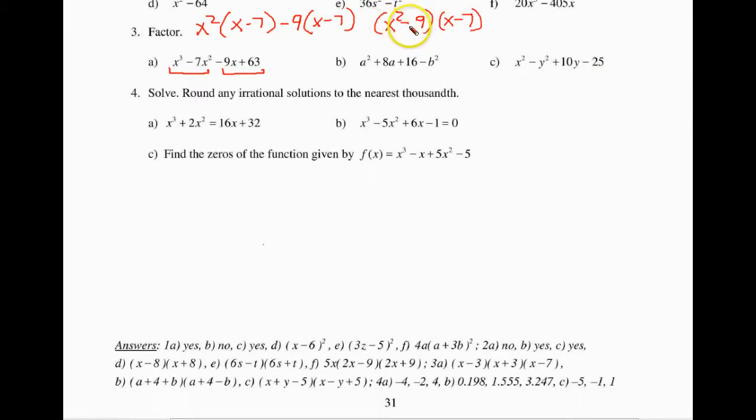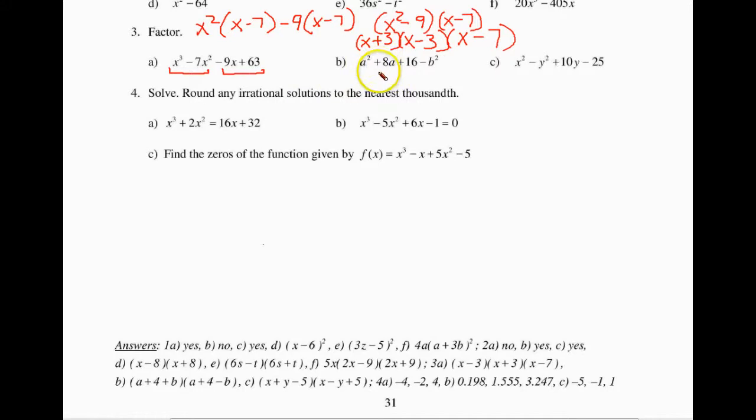This is the difference of perfect squares, so you have to factor this as well. This will factor into x plus 3, x minus 3, x minus 7. These are conjugates, they go into that, and we are able to factor that polynomial using grouping.